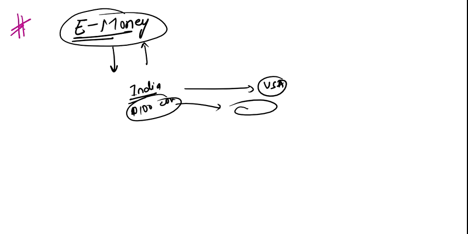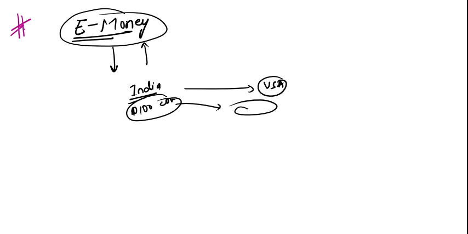So the exchange will also have an impact, and that will become a point of concern for me as an e-currency holder. Clear? So these are the issues with e-money: 5 risks, operational risk, liquidity risk, default risk, market risk, and foreign exchange risk.